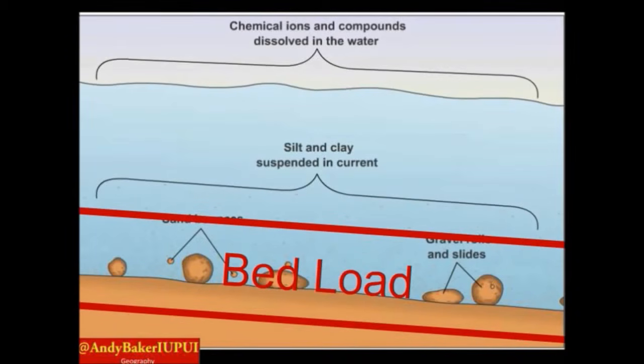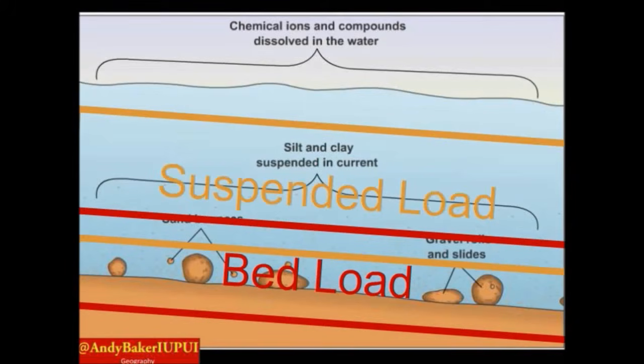We could expect to see at the bottom the bed load, the heaviest stuff. The bed load is going to be our bigger sediment sizes, so gravel, chunks of rock. This is stuff that's too heavy to be carried aloft, so we think of it as scooting along the bottom.